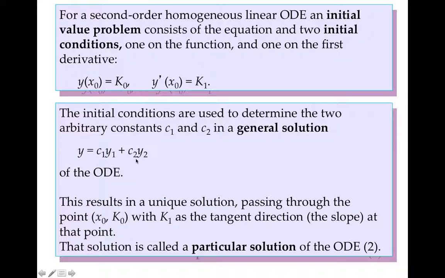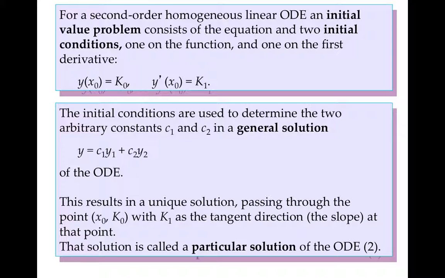So this is the superposition or linear combination of the two possible solutions of the ordinary differential equation. Now, we use the initial value and the initial value on this slope to find the value of these constants. So this results in a unique solution.